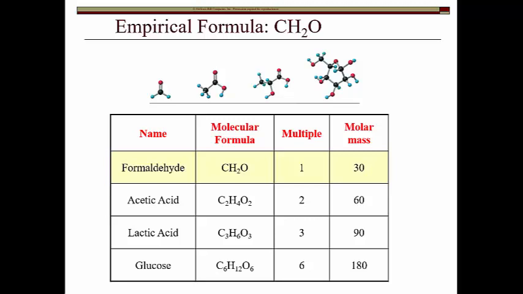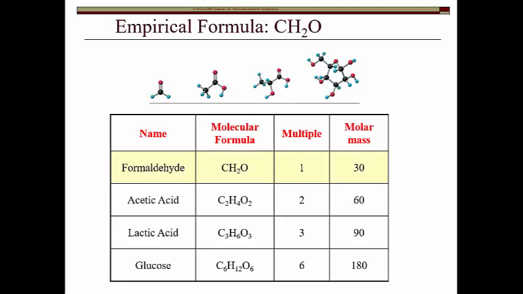Well, it's also going to multiply by 2. If I multiply by 3, multiply by 3, right? Multiply by 6, I get a molar mass that is 6 times the original molar mass.